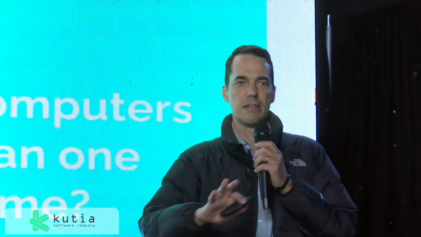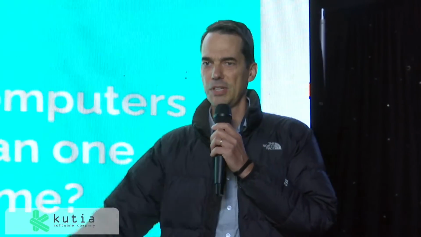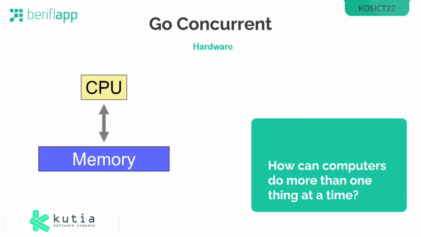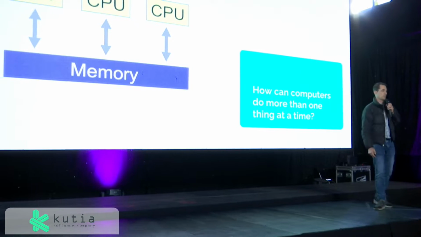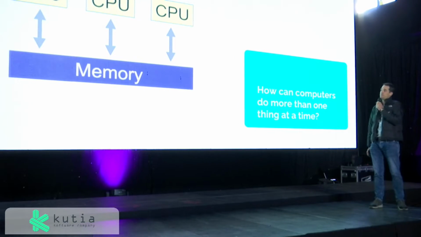Let's have first a look. Sit back, take a deep breath and look at the hardware side of things. First, you need more than one CPU core, but nowadays this is just taken for granted. Come on, I ordered some more CPU cores here. And of course, computers are faking it a little bit.